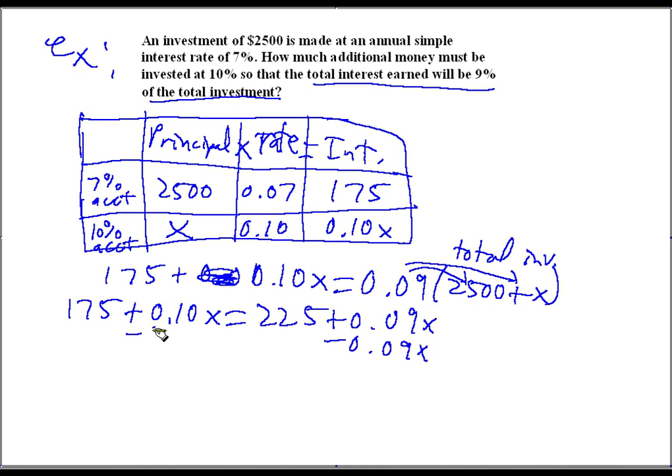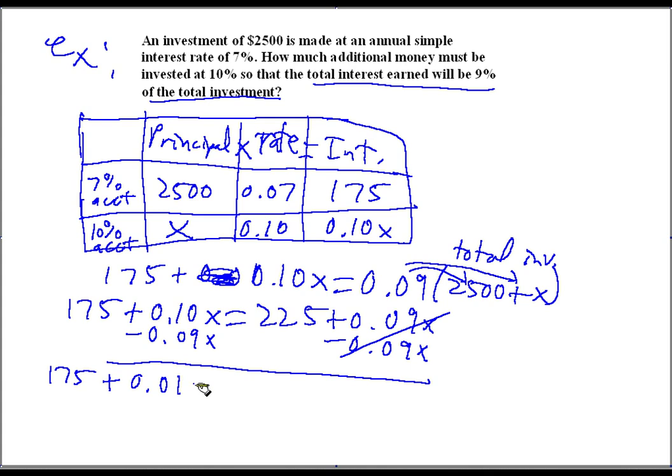So I get 175 plus, now 0.10 minus 0.09 is going to be 0.01x, equal to 225. And then subtract 175 from both sides to get the numbers on the right-hand side.